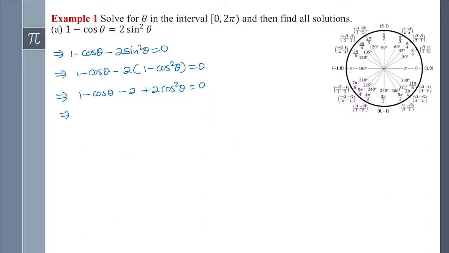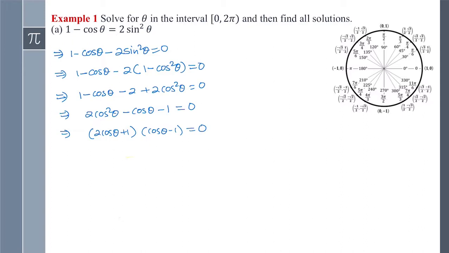Simplifying this, we get 2 cosine squared theta minus cosine theta minus 1 equals 0. This is a quadratic equation and we can factor this. So the factors are 2 cosine theta plus 1 times cosine theta minus 1 equals 0.